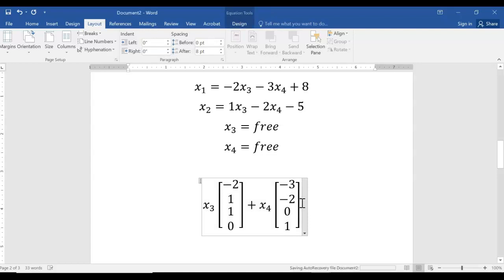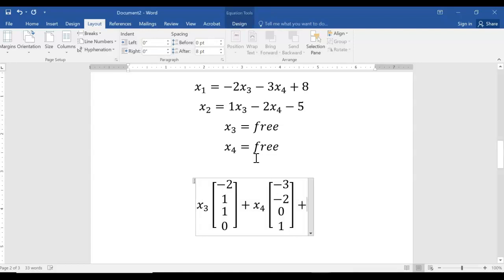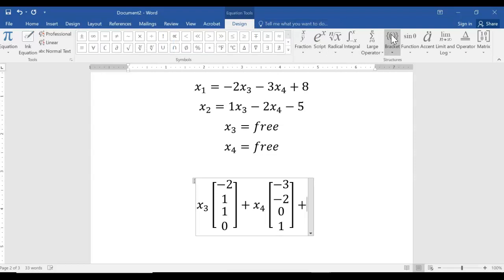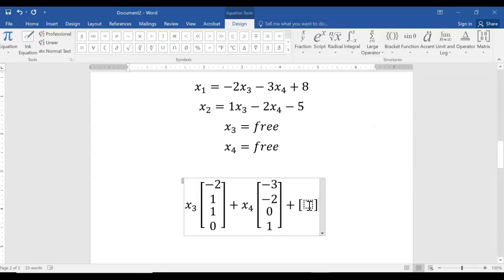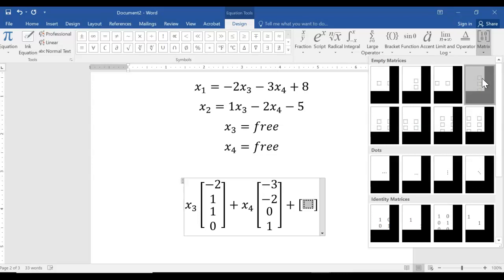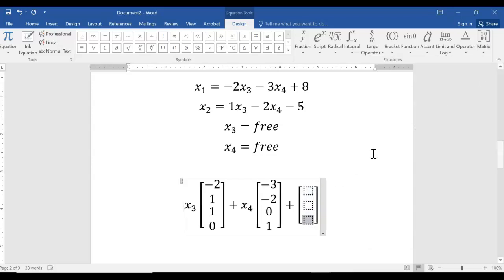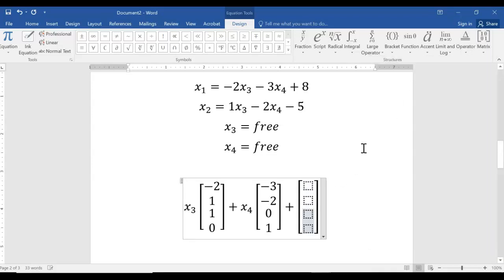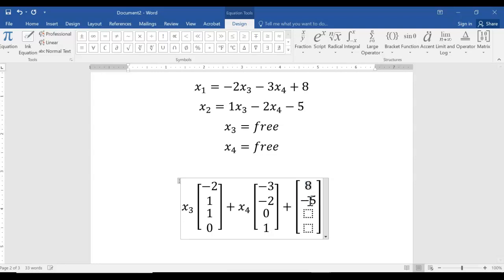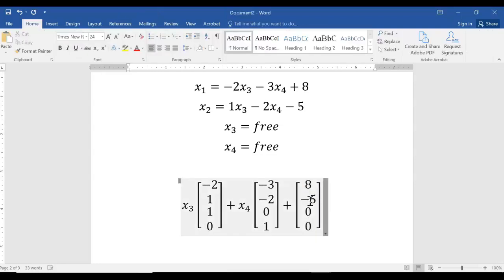Notice what this solution is going to look like here if we write it all in vector format. If we write it in vector format, basically all we have to do is add the constant vector, the constant vector that we have here. So we'd have to add a four-dimensional vector of 8, -5, 0, 0.